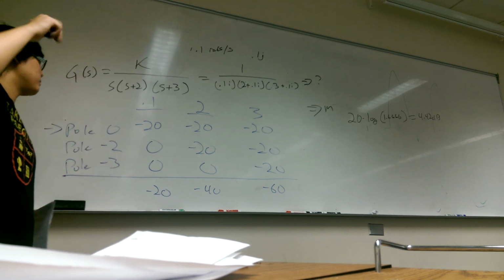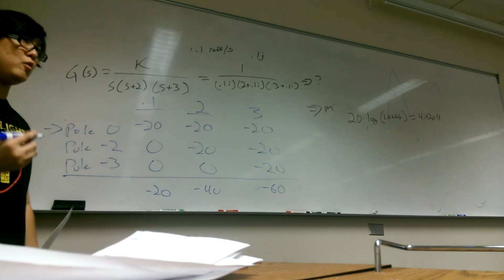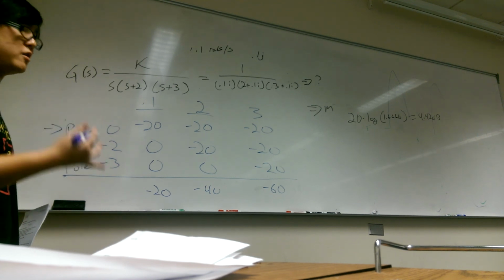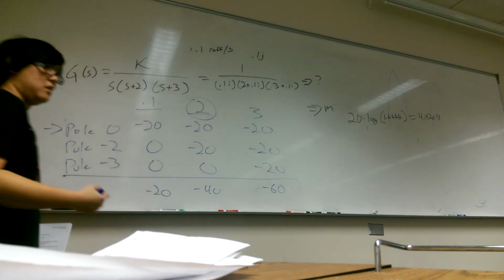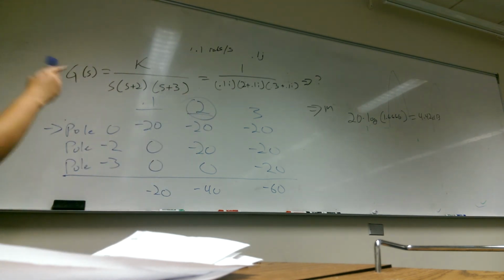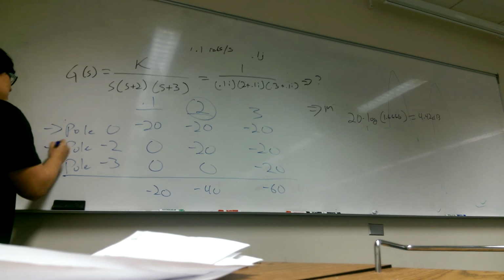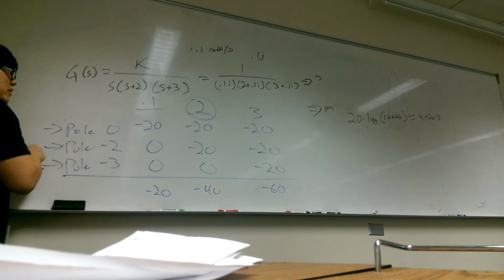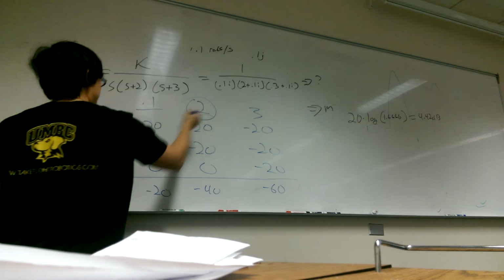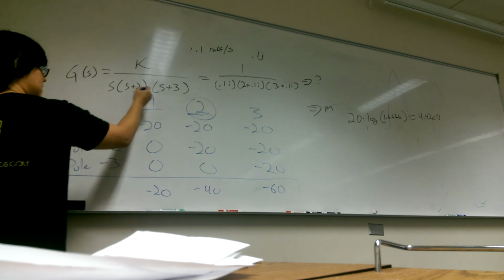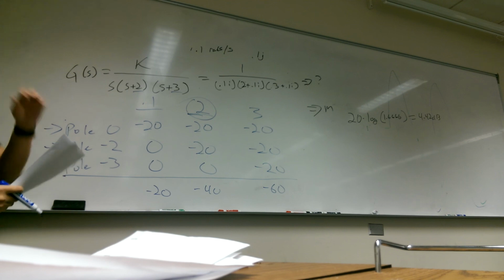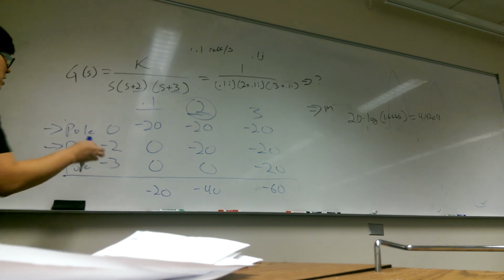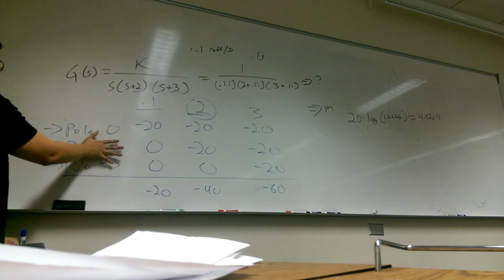Oh, okay. So remember this: the effects of a pole on the magnitude plot don't happen until this frequency. So before it's 2 and 3, these don't even exist.